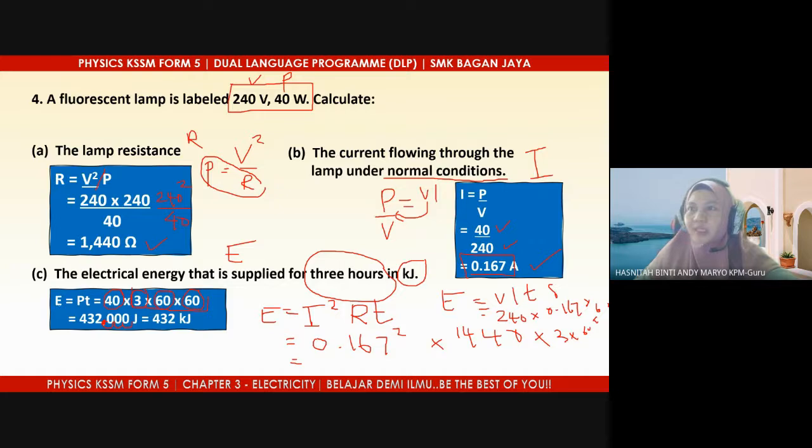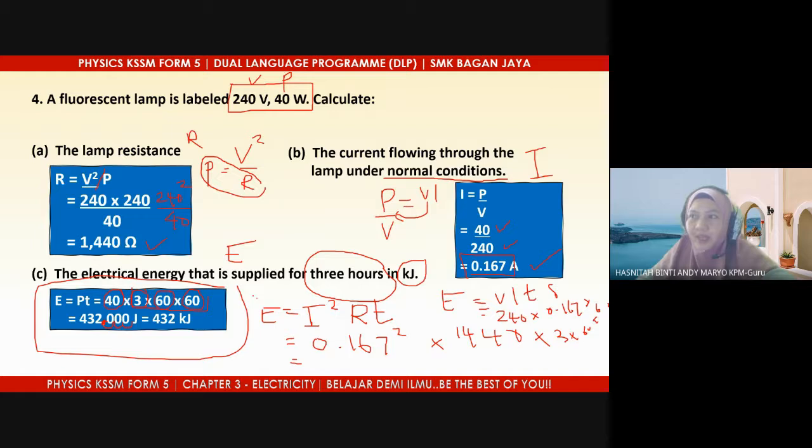Okay, so for this kind of question, you don't have to worry. Tapi cikgu nak advise you jangan tunjuk setiap step, sebab you pilih satu saja. You just stick to one formula. Because what do we find here? Each formula gives you slightly different answer.